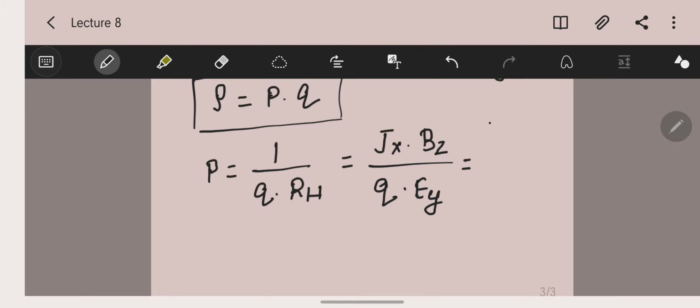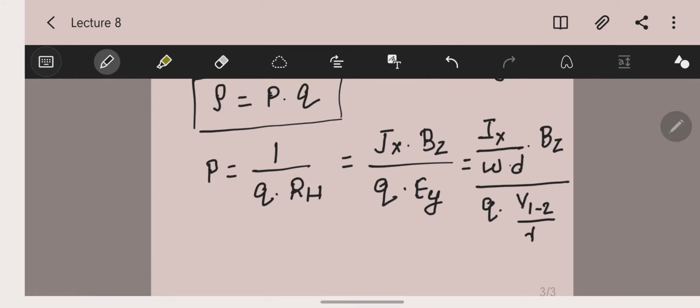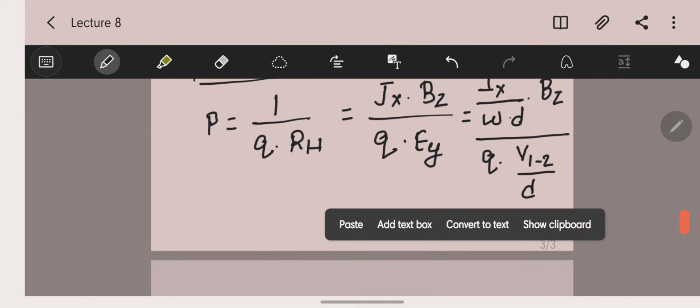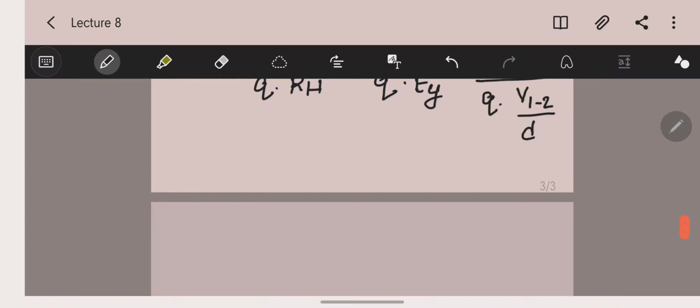So let me write this so that we can calculate the value using the above experiment. Ix divided by W into D, this is the cross sectional area of the current, into Bz divided by Q into Ey. The electric field intensity will be equal to V12 divided by D, and I can finally write the carrier concentration.